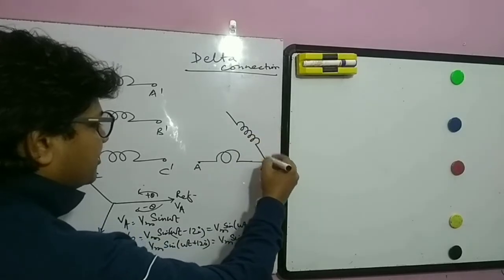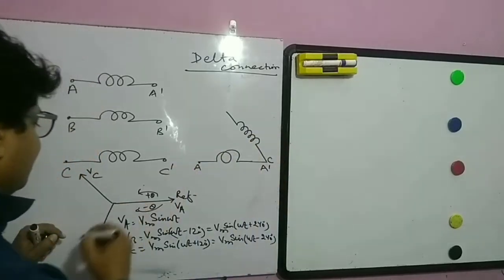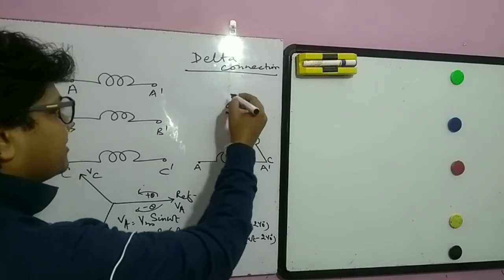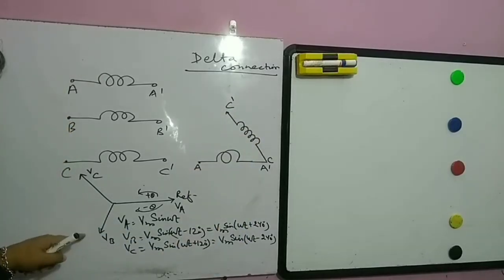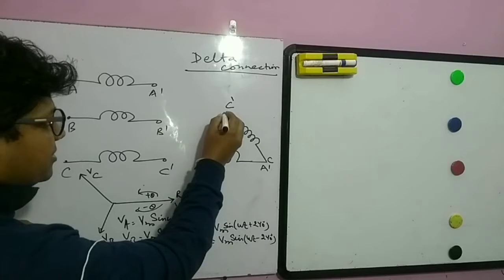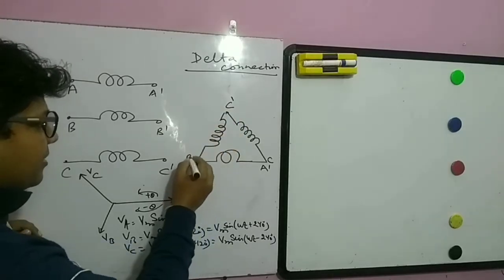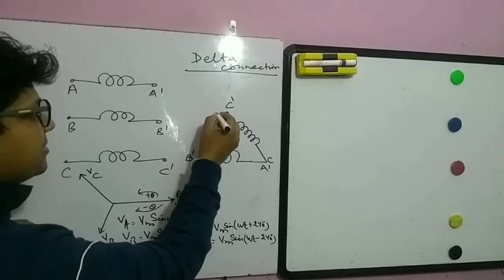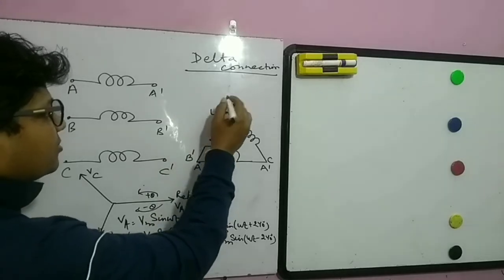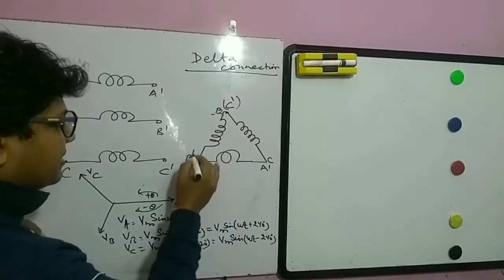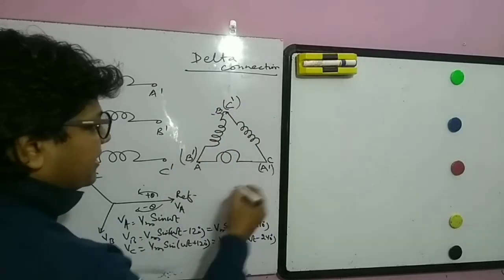This is your VC, so this will be C, and this will be C dash. Now I have to take AB, so this we can take like this, right? So this will be B dash, and this is B.